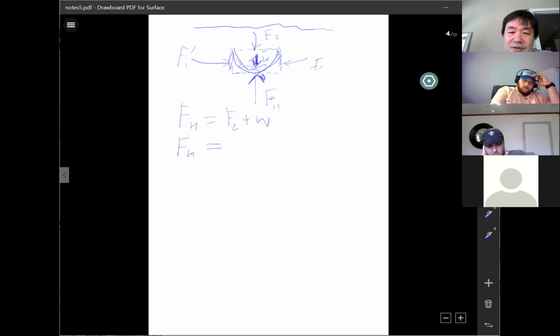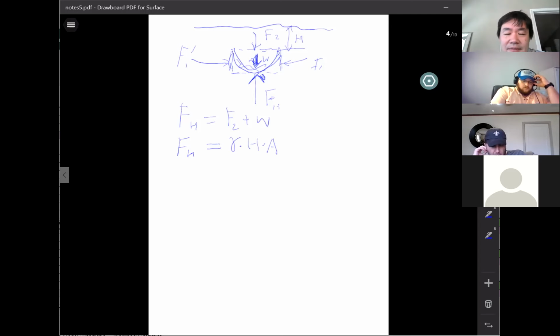Give me an expression. Pressure times area, right? Let's put the area as A. Pressure is gamma times H, times A, where H is the height underwater.